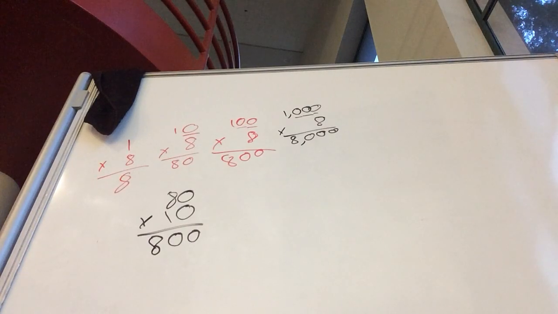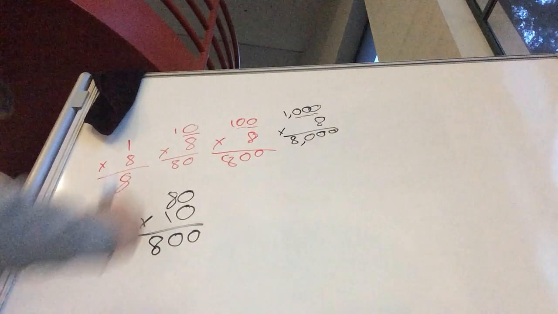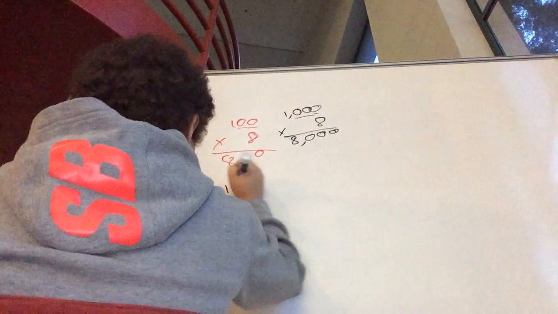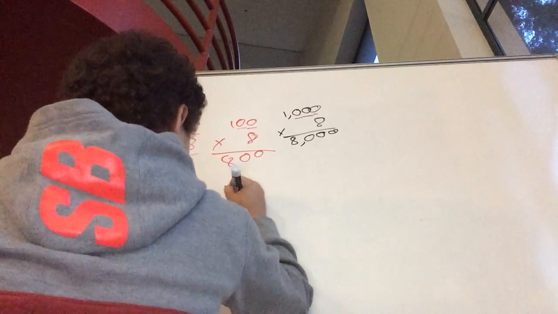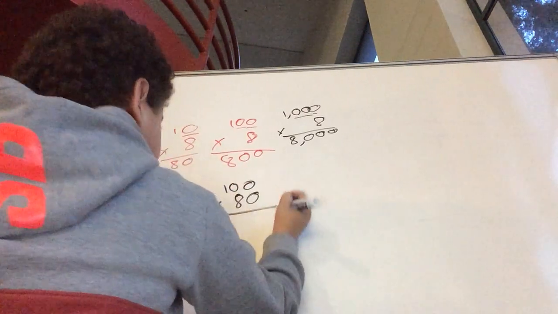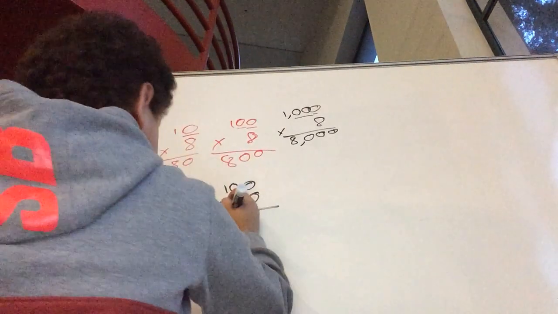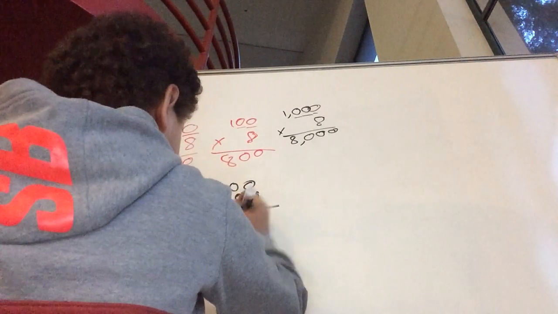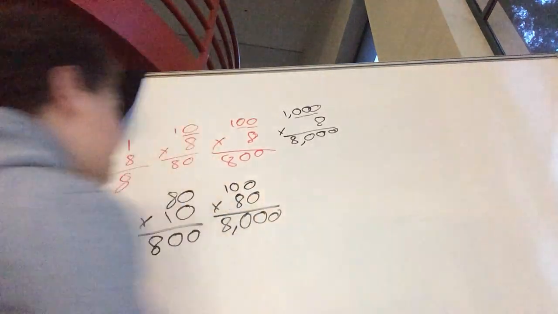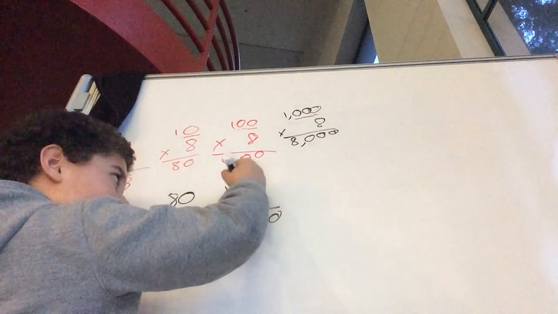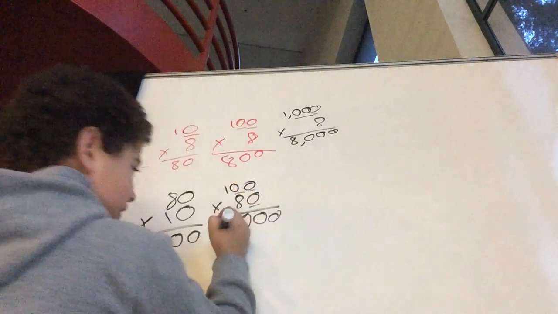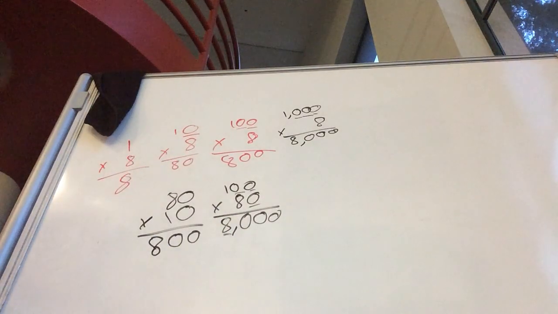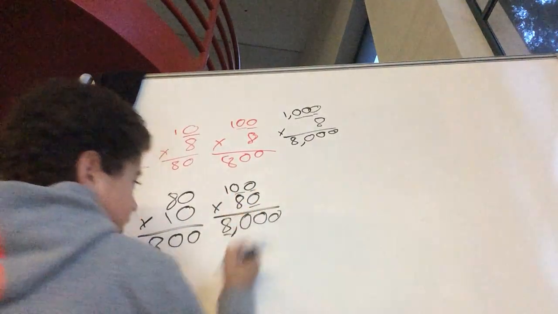But hey, now we're going to be doing 100 times 80. What is this? 8 times 1? 8. How many placeholders? 3. 1, 2, 3. You have to count all the zeros, put it down with this 8, and then count over 3, and you have yourself a column.